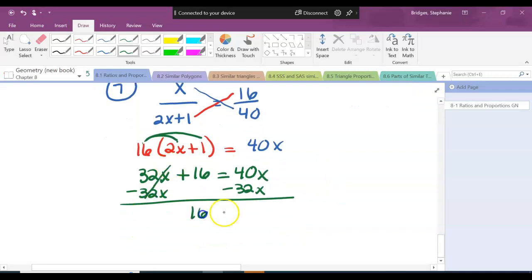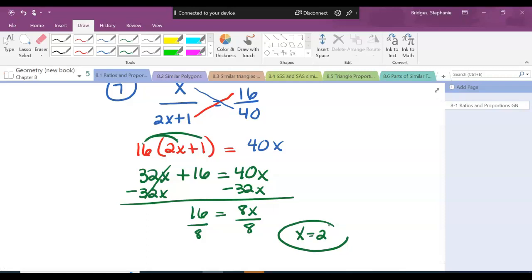That's gone. That's 16. What is 40 minus 32? 8. And then I can divide both sides by 8, and we get x equals 2. Okay. So just be careful with proportions that have multiple parts. You need to make sure that each piece gets multiplied.